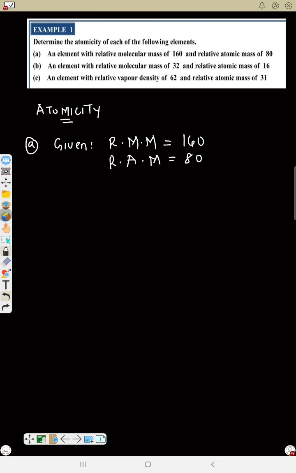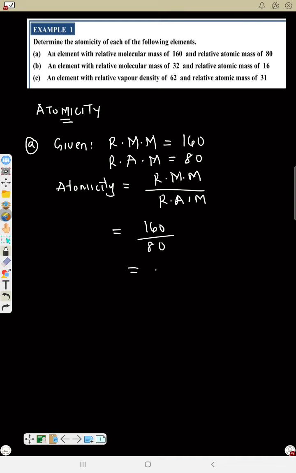What is the atomicity? We know that atomicity is equal to relative molecular mass divided by relative atomic mass. So atomicity is 160 over 80. That means the atomicity of that element is equal to 2.